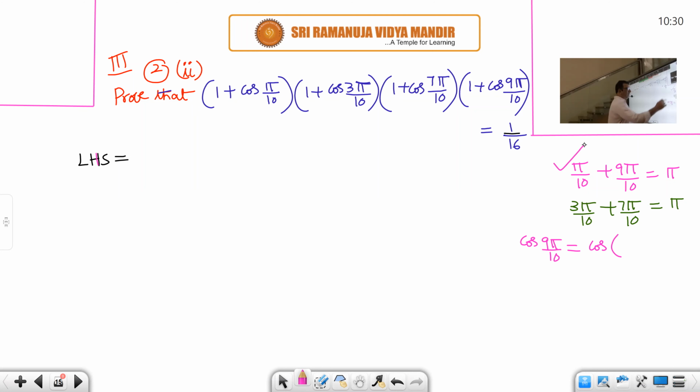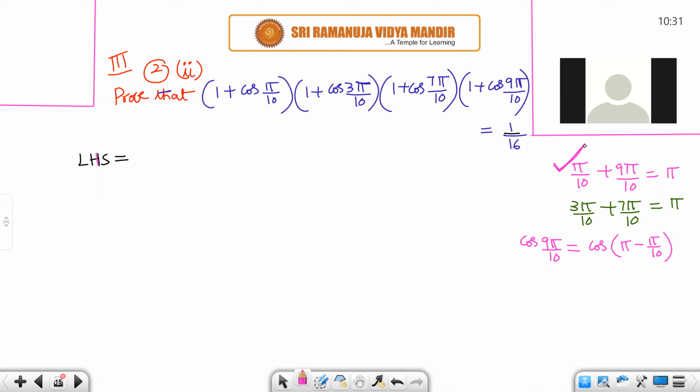Cos 9 pi by 10 using this formula, how do you write it? Cos pi minus pi by 10. Here you see, pi minus pi by 10. Okay, it is in the form cos 180 minus theta. Cos 180 minus theta equal to minus cos theta, sir. So minus cos pi by 10.